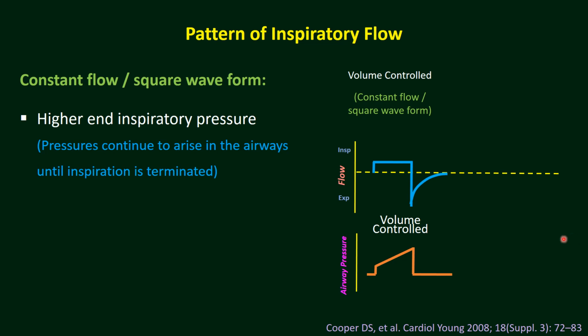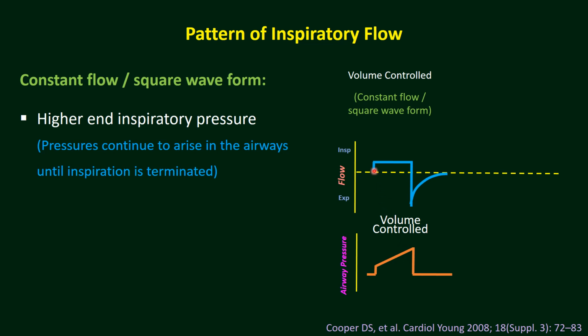This is the flow waveform and pressure waveform in volume limit ventilation. In volume limit ventilation, we give a fixed amount of tidal volume to expand the lung with a fixed flow. So, here flow and tidal volume are fixed.